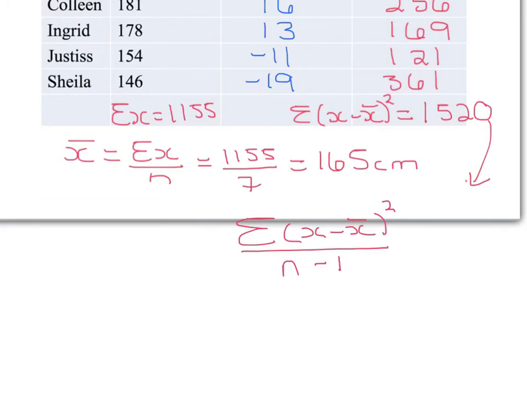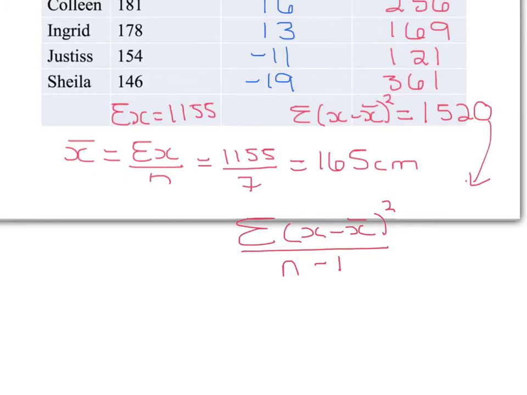It's called losing a degree of freedom because we're estimating based off of another estimate, and that other estimate was the mean. So doing an estimate off an estimate tends to, as we say, we want to overestimate our value by dividing by a smaller sample size. And we do that for samples. For populations, it wouldn't be necessary to subtract 1 for the sample size. For populations, we would just leave it as uppercase N.